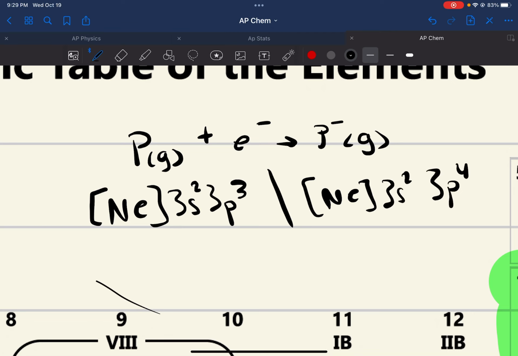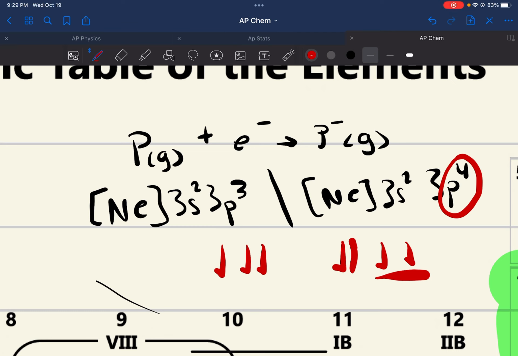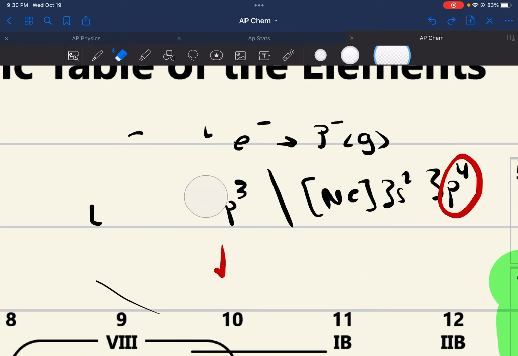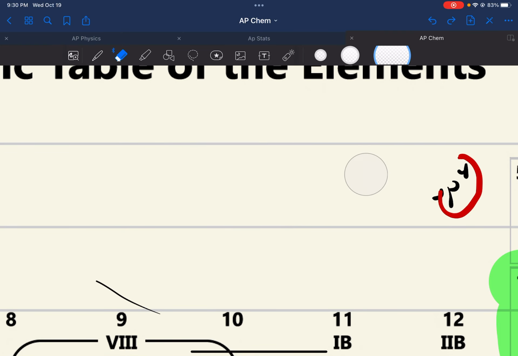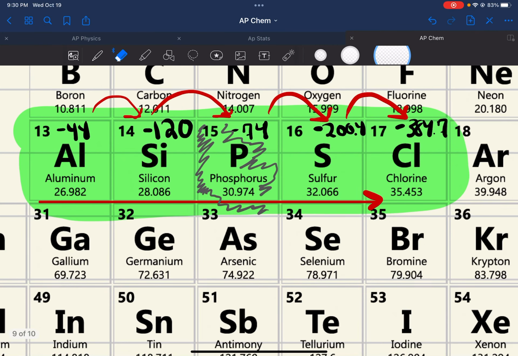What happens is this is now not 3 unfilled electrons. This is now only 2, right? 4 means you need 2 more to be paired. This is why the change in the phosphorus does not really coincide with everything here.